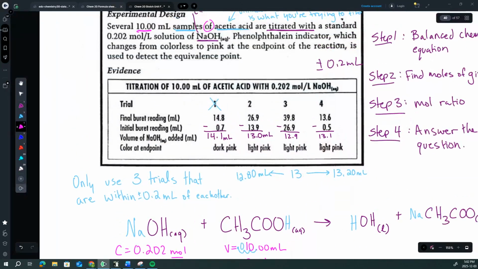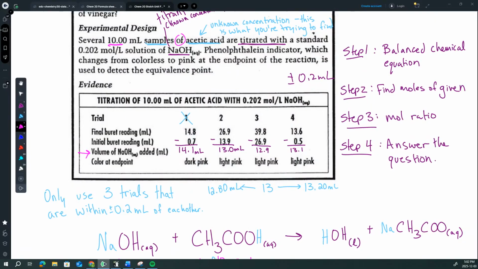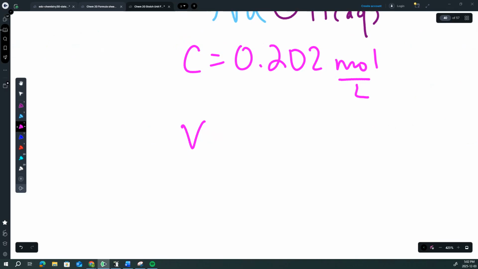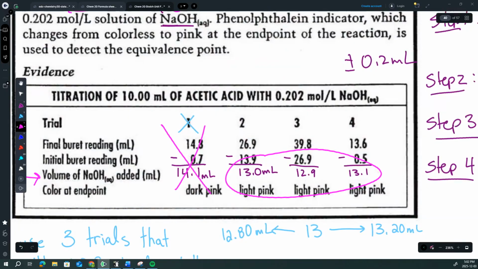Now for the volume, we figured out what the volume of sodium hydroxide was by doing these trials. But remember, we're not counting the first trial because it's an outlier. And what we need to do is find the average of the 3 trials that we are going to accept. So I'm going to call this volume average. How you find an average is you add up each of your numbers and then divide it by how many terms you have.